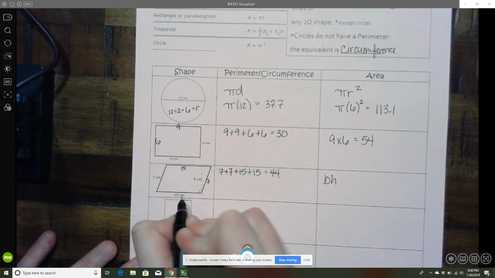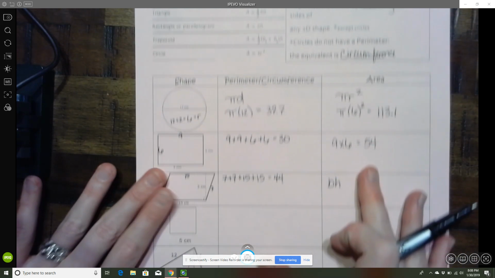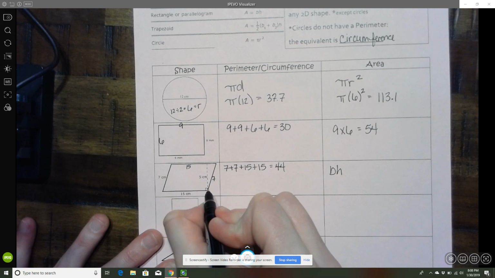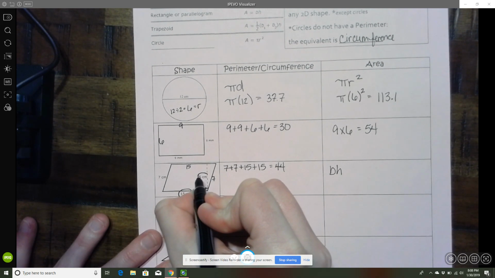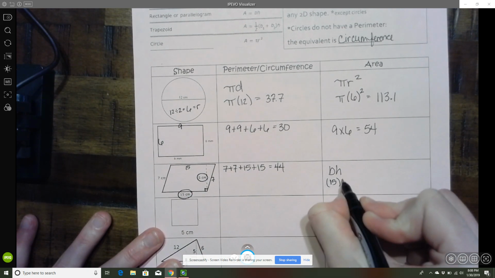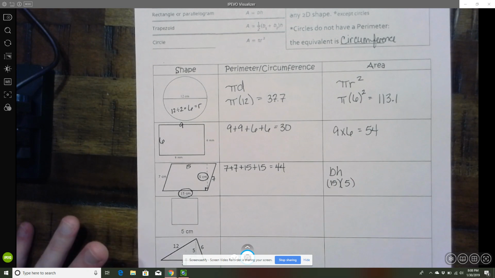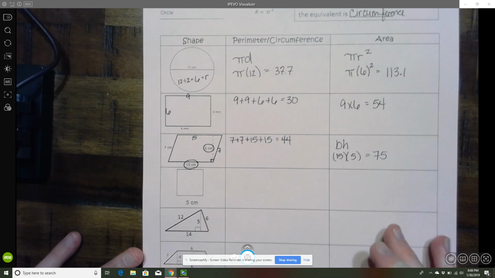So 15 would be my base, because if you remember up here, the base and the height always form a right angle. So you can see that right angle here, which means 15 is my base and 5 would be my height. So always look for that right angle. That's going to clue you in where the base and the height are. And so for here, I would get 75.